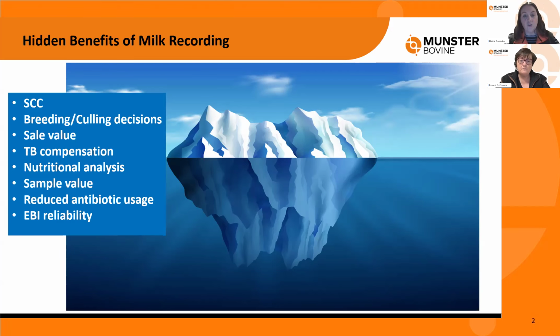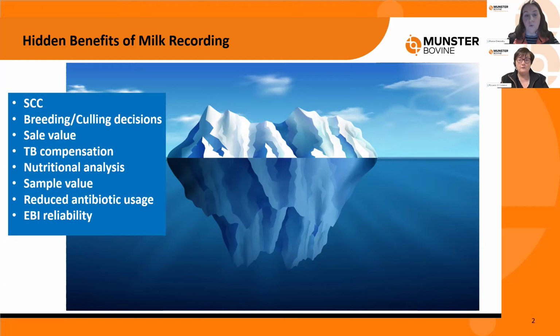So then nutritional analysis. So I suppose for our herd health meetings at the end of the year, there are our customers that are on the Gold Herd Health Programme. They come in and they meet a Munster Bovine affiliated vet at the end of the year. And the milk recording reports form a large part of that herd health meeting. And one of the things we look at is the nutritional analysis of the milk recording.